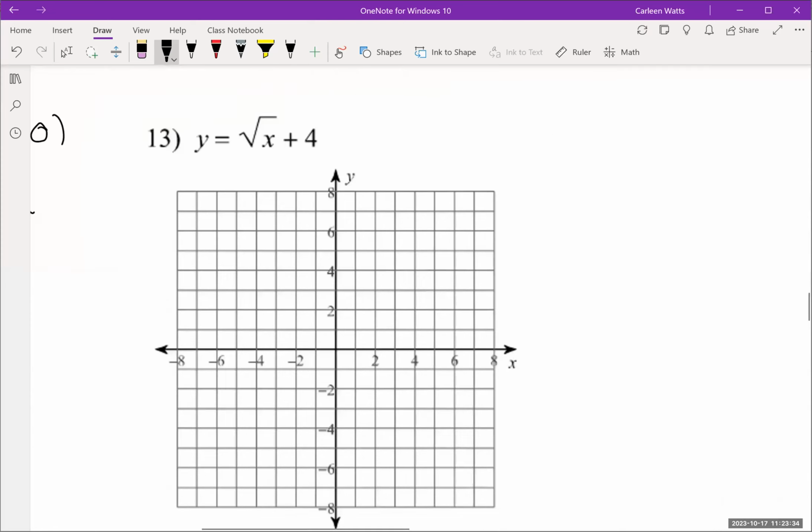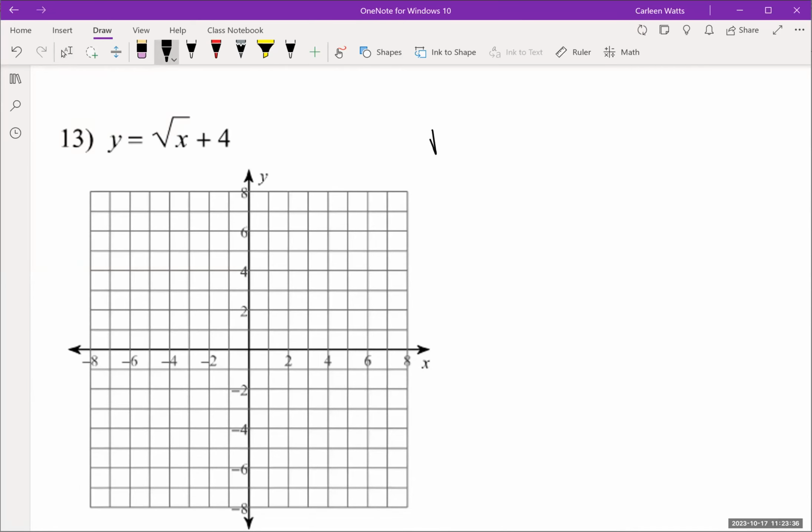Okay, let's try another one. The parent is a sleeping parabola. The vertex. So the question is, is that 4 inside or outside?